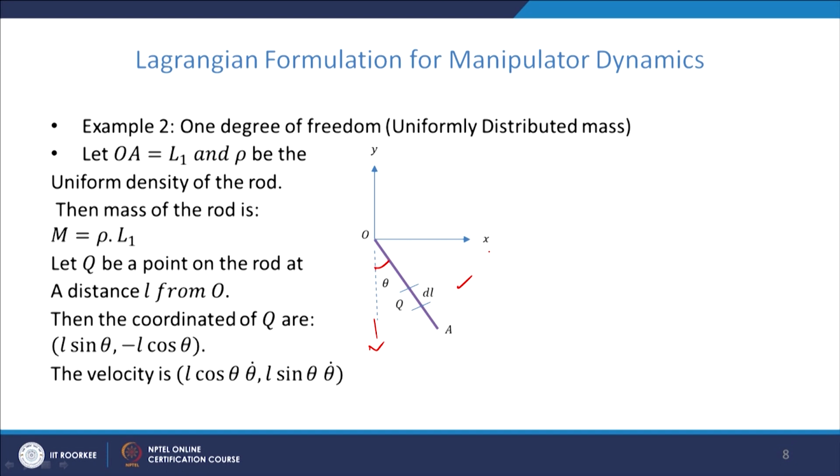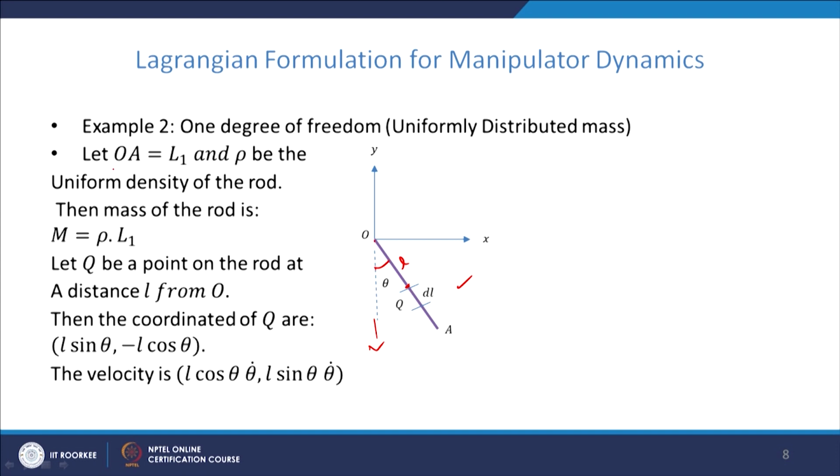So, here the mass is uniformly distributed. First what we should do is we take a point Q on this pendulum which is at a distance L from the point O, from the fulcrum.